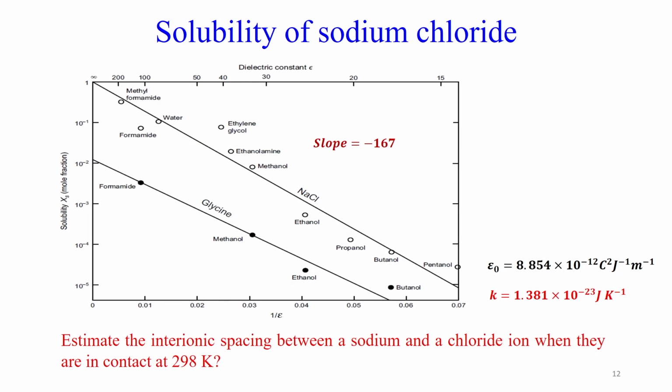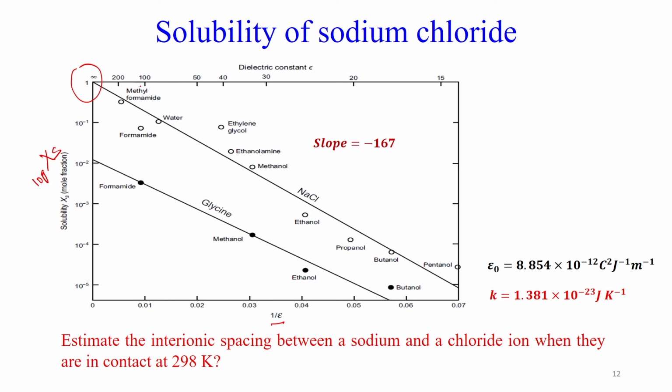So, this is the log plot, this is the log of xs, so 1 upon epsilon. It is starting from the origin, from the infinite, and this is NaCl.